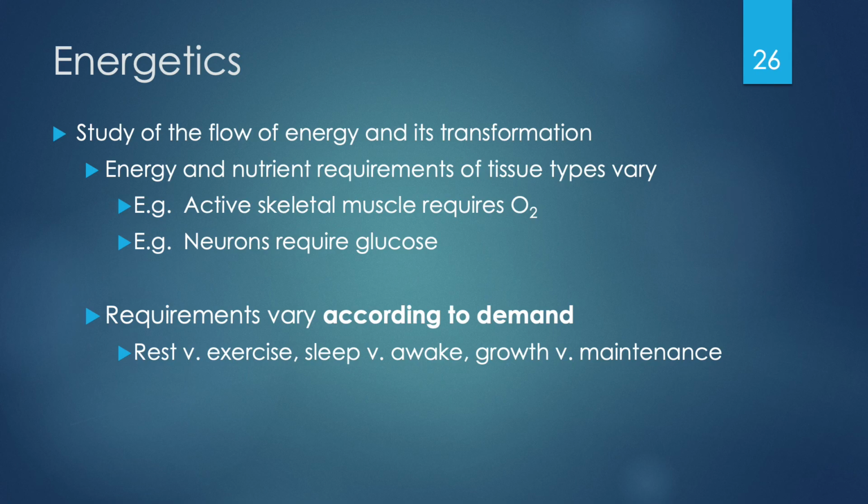For example, think of your skeletal muscle. When you're just sitting on the couch watching Netflix, your skeletal muscle isn't working very hard. But when you go out for a jog, of course, you're using a lot of energy, and those muscles are going to demand a lot of oxygen. So the need for that specific substance is going to go up according to exercise. Similarly, when you're sleeping, you're resting, versus when you're awake, you're moving around more.